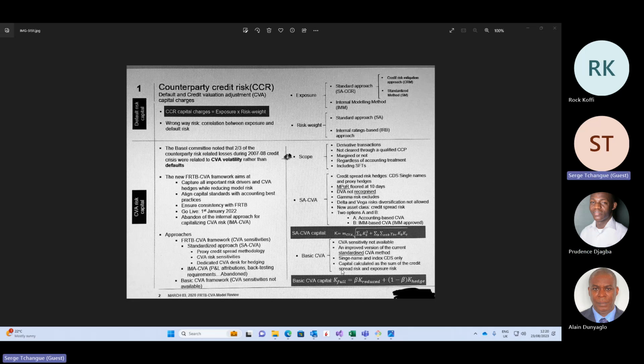And now you have the basic one. CVA sensitivity is not available, so banks really don't have a CVA engine. They use the basic approach. It's just K, with a beta K reduced times 1, or beta K hedged.